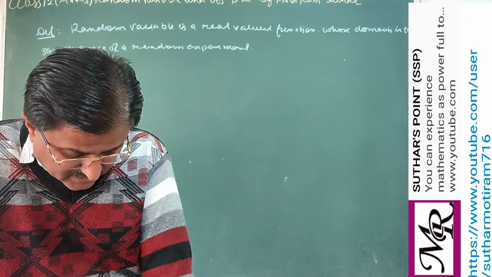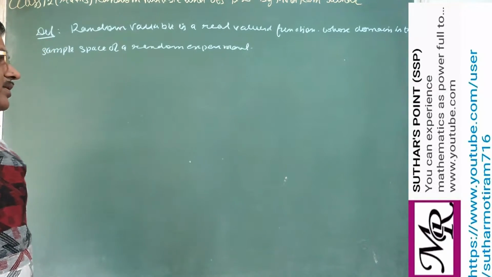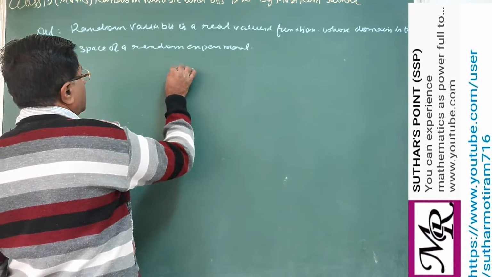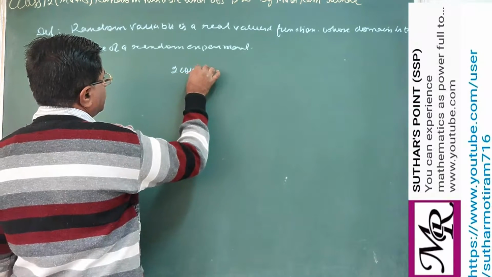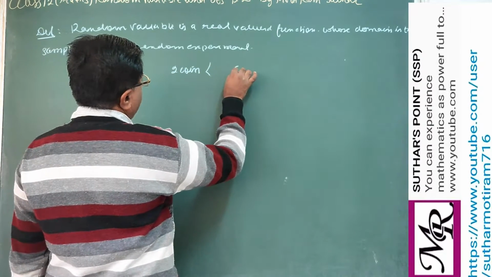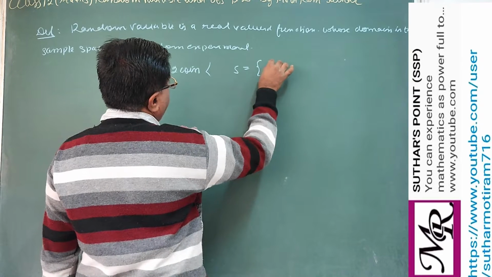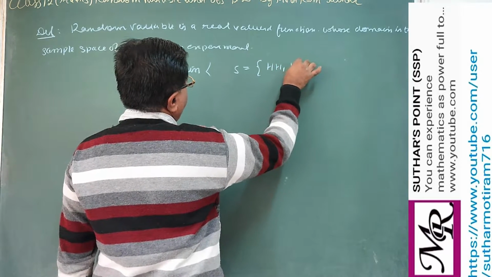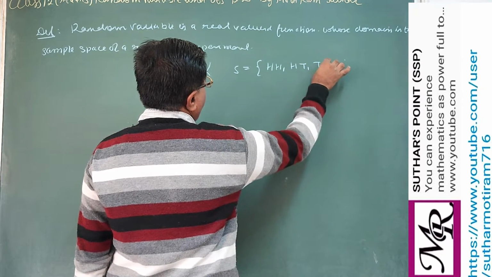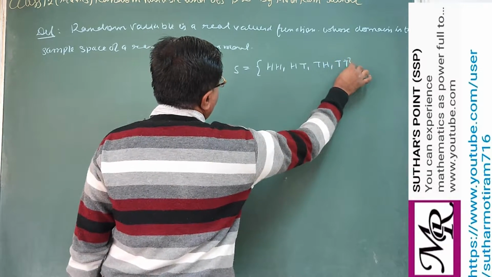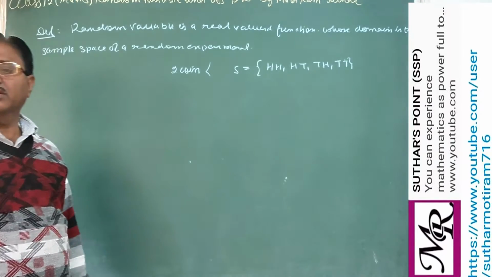Clear? Now we take some examples with the help of which you can understand. Suppose we are taking two coins and we are tossing them. The sample space outcomes may be both head, head and tail, tail and head, and both tail. Clear?